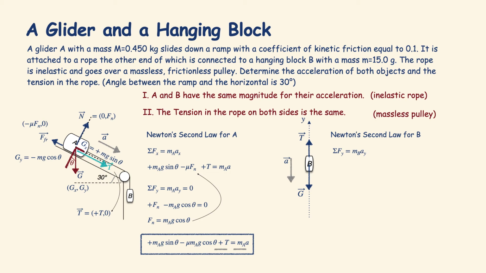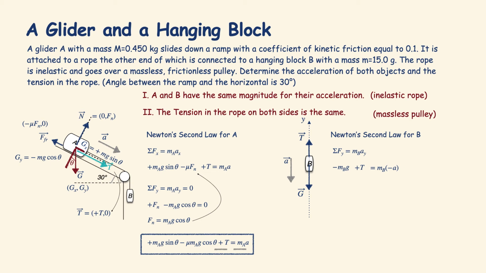I have no other components. Minus m_B g for the gravitational vector plus T, the y component for the tension vector, has to be equal to the mass of B times the y component of the a vector. Since the vector for the acceleration points downwards, remember its y component is going to be minus a.